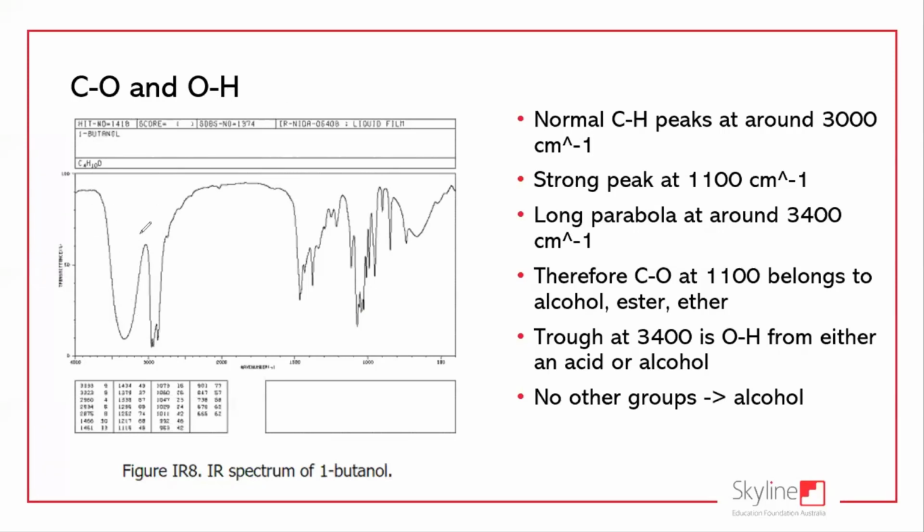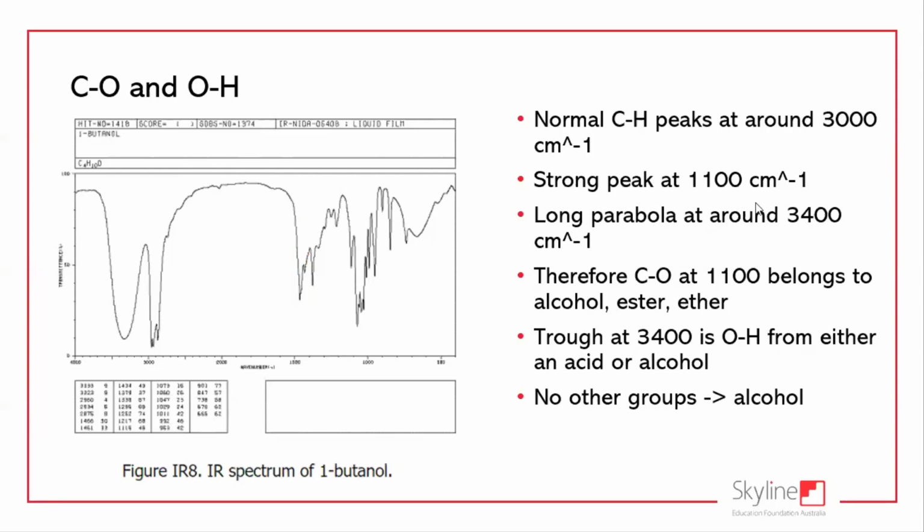So if you see this parabola thing, what we're looking at could either be an alcohol or a carboxylic acid. So that's a strong peak at around 3,400. We also have this peak here, and that peak represents CO.